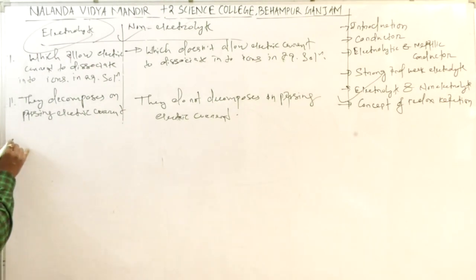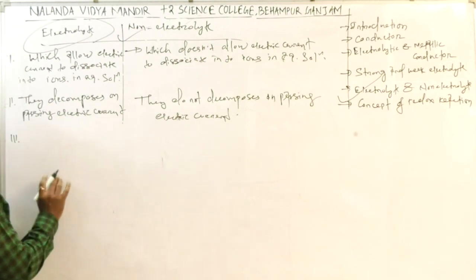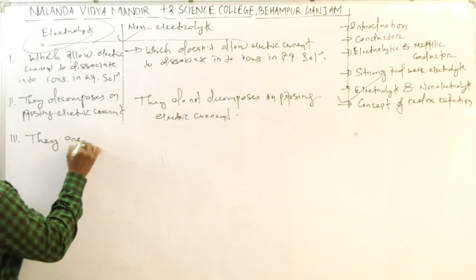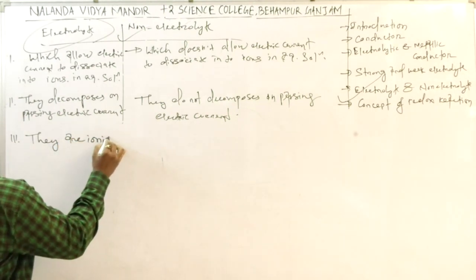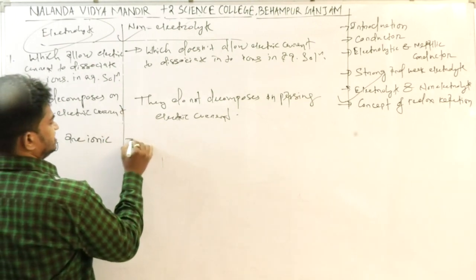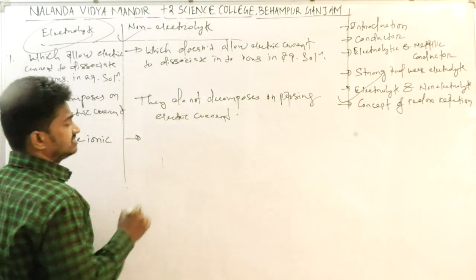Similarly, the third point we can write is that electrolytes are ionic compounds, and here the non-electrolytes are covalent.